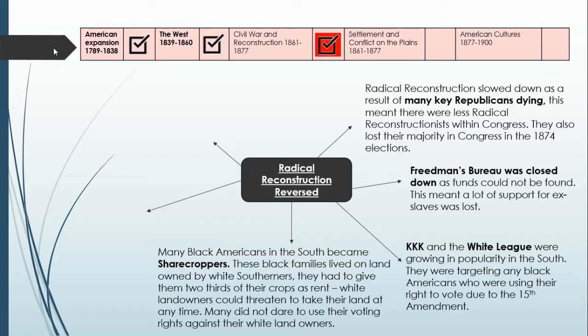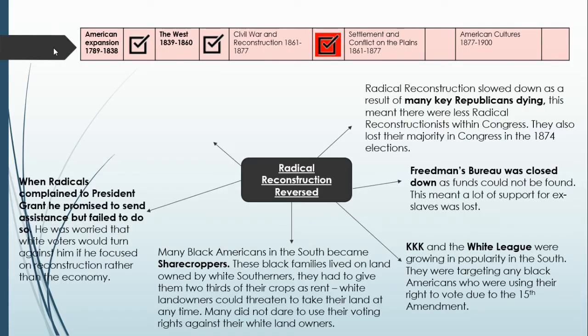So sharecropping is not dissimilar to slavery, and this is what many African Americans found themselves becoming following the American Civil War, despite that period of radical reconstruction where such progress had been made. The radical reconstruction being reversed leads to many of these Black Americans becoming sharecroppers.